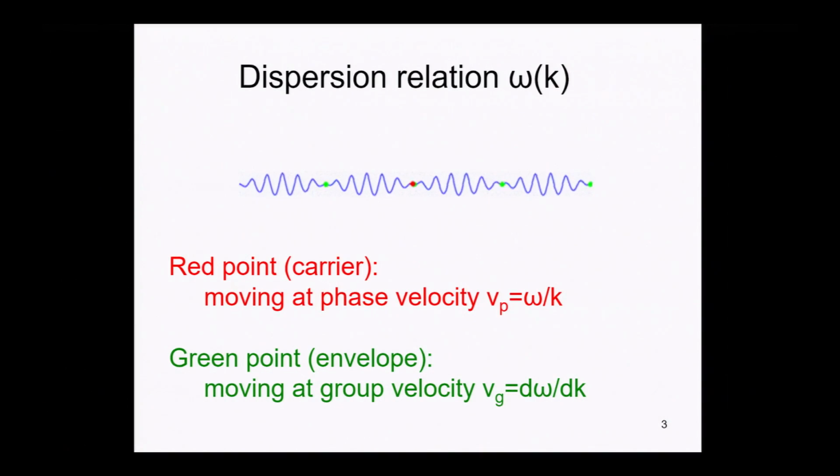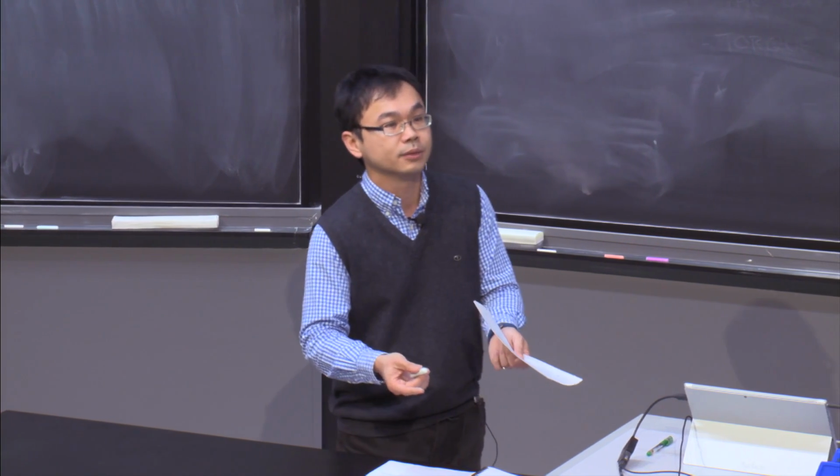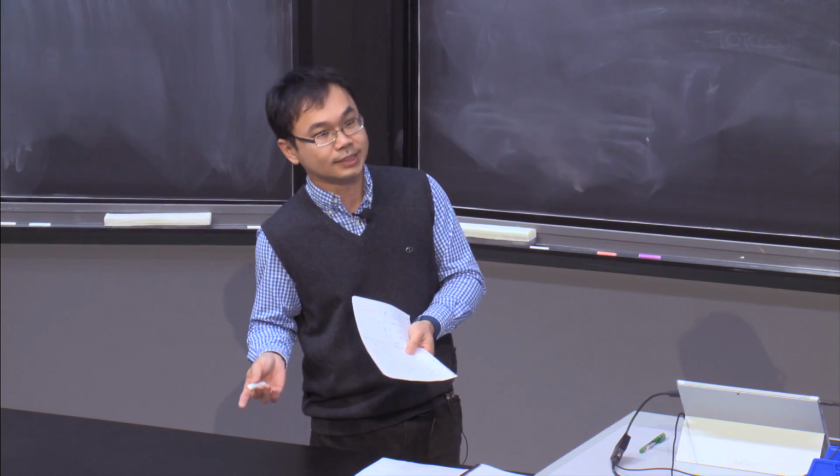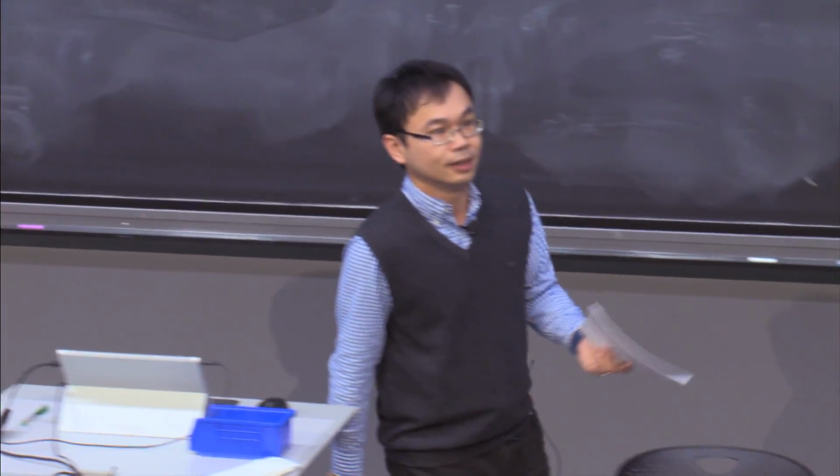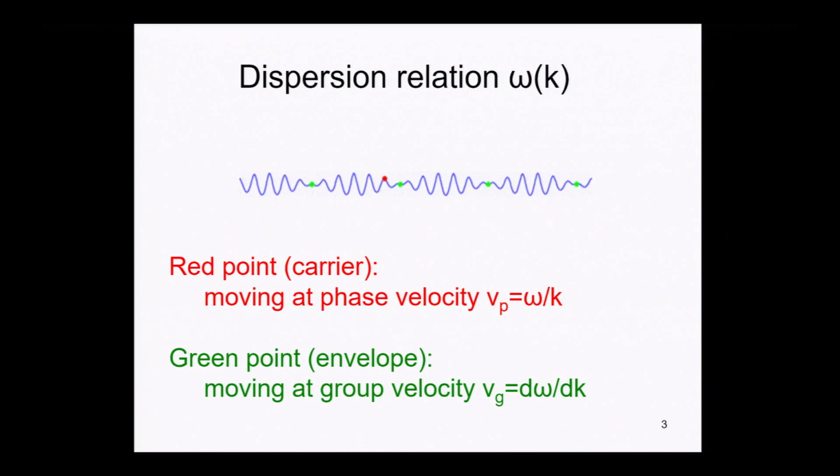During the discussion last time, we also introduced the dispersion relation omega(k), and tried to overlap two traveling waves with similar wavelengths. That gives you the beat phenomenon, which probably doesn't surprise you anymore.